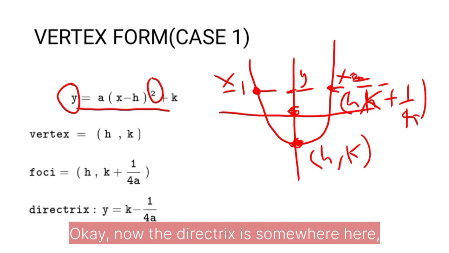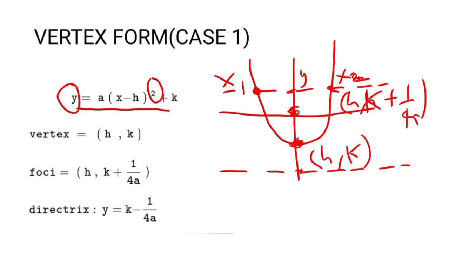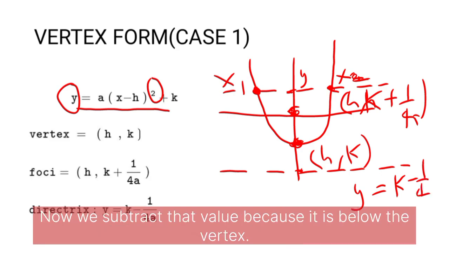Okay, now the directrix is somewhere here, which is the horizontal line that has equal distance to the vertex as the focus. So the directrix is y equals k minus 1 over 4a.